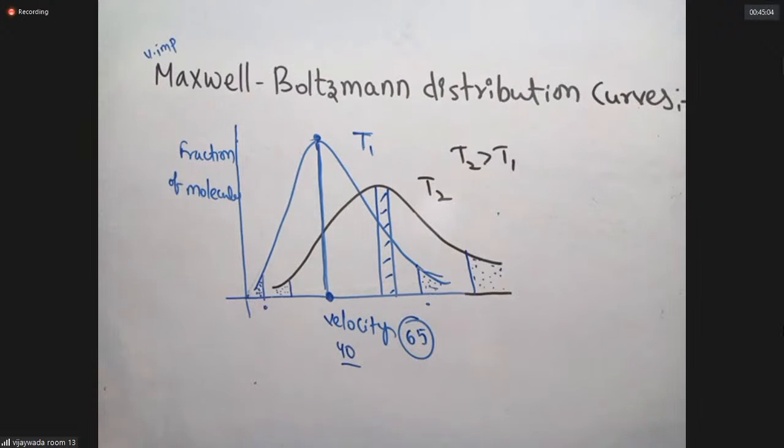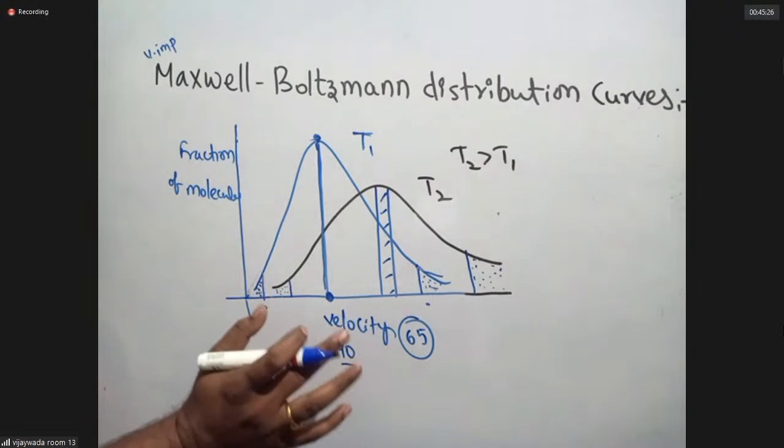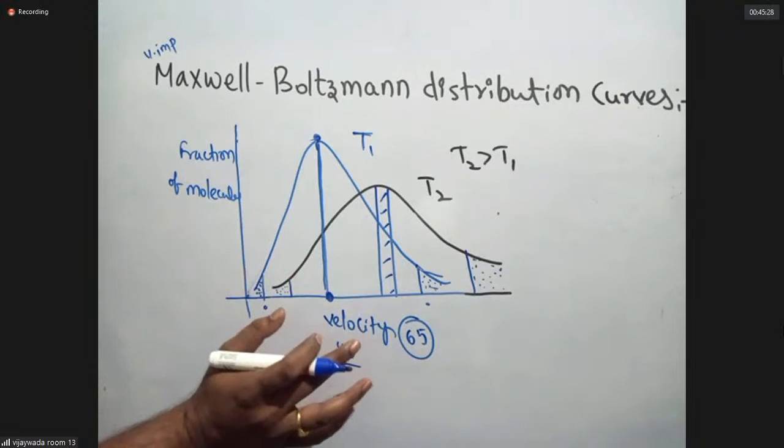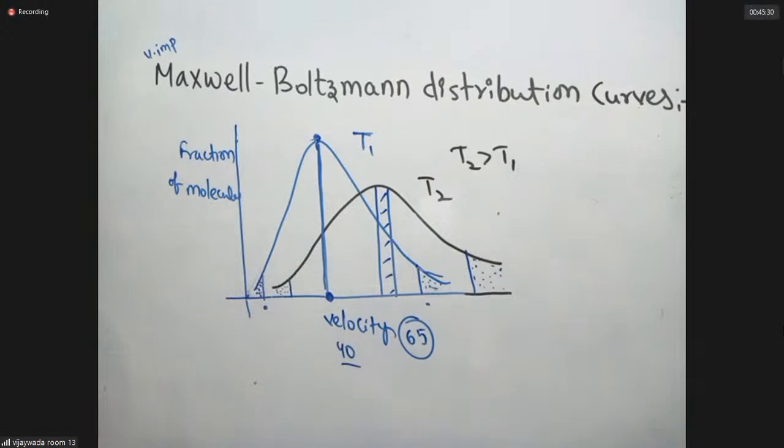Are you getting my point? So this is simply called the theory of probability, or the Maxwell-Boltzmann distribution curves. So my point is, getting the graphs is not important. They got the graphs in a different way. We don't know that. But we are studying these graphs: how can we understand the theory from them?